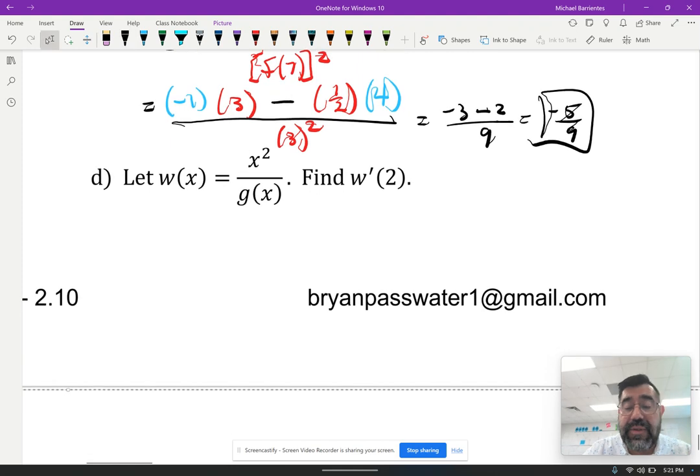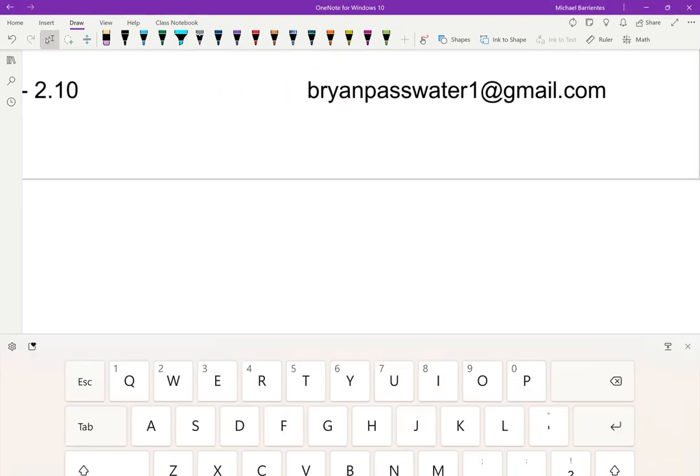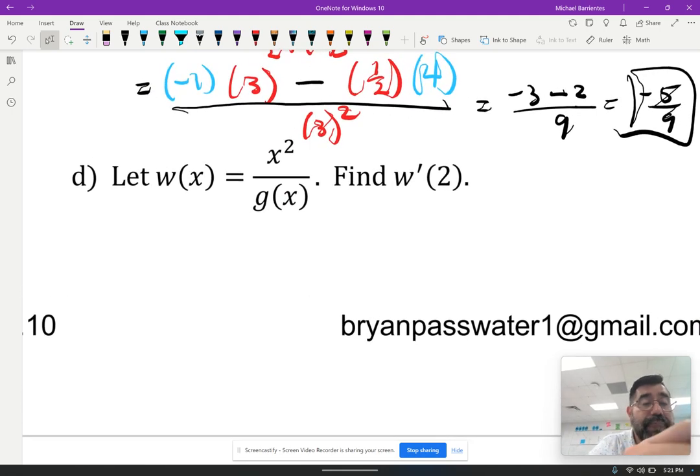D is the last one we'll do together, and then we'll practice some quotient rule on Friday, or in the next class period. Let's see. So we're going to find w prime of x.